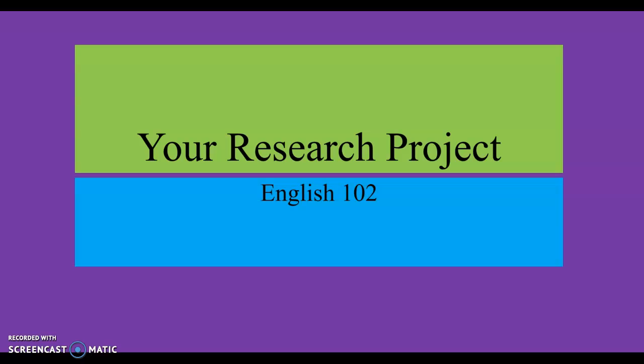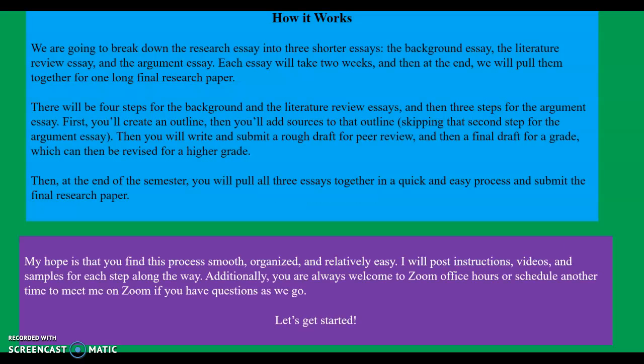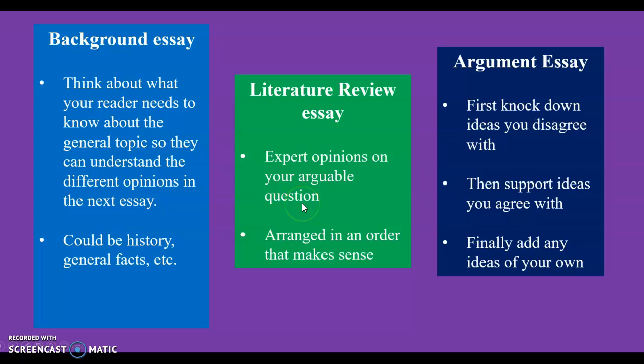So it's going to explain what the Electoral College is, give the history of it, talk about how it works in modern elections. And then the next essay, the literature review, is where I present the different experts and how they feel about it. So this is just a general how it works, breaking it down into these 3 separate essays.